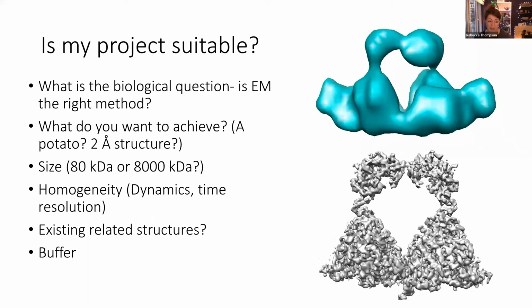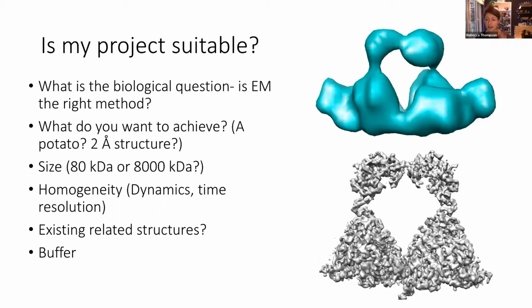The next thing is buffer. When you're working up your sample towards cryo-electron microscopy, there are certain things which we try not to include in the buffer, and those would include glycerol, high concentrations of sucrose, high concentrations of salt, and certain detergents.